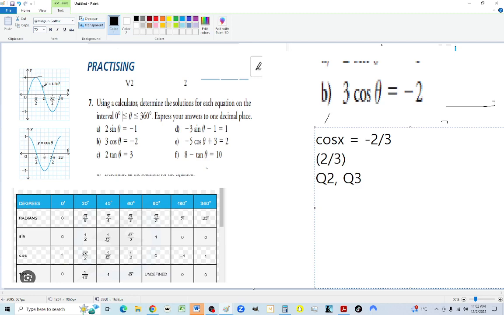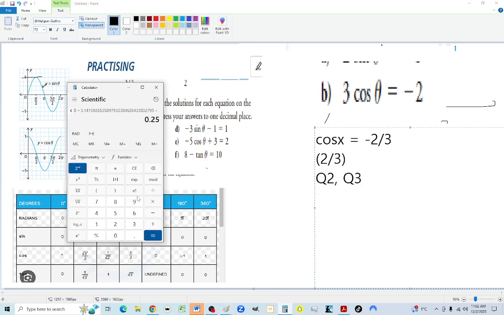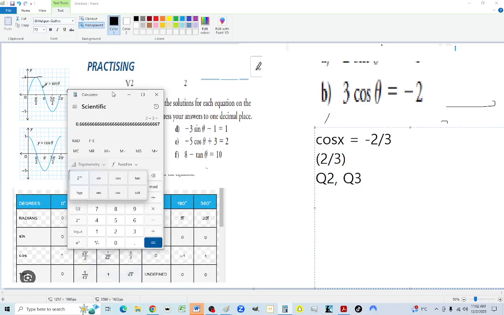So if I take my calculator and take 2 over 3, just for simplicity's sake, to find the acute angle, we're going to take arc cosine. And I don't know if they want it in radians. No, they want it in degrees.